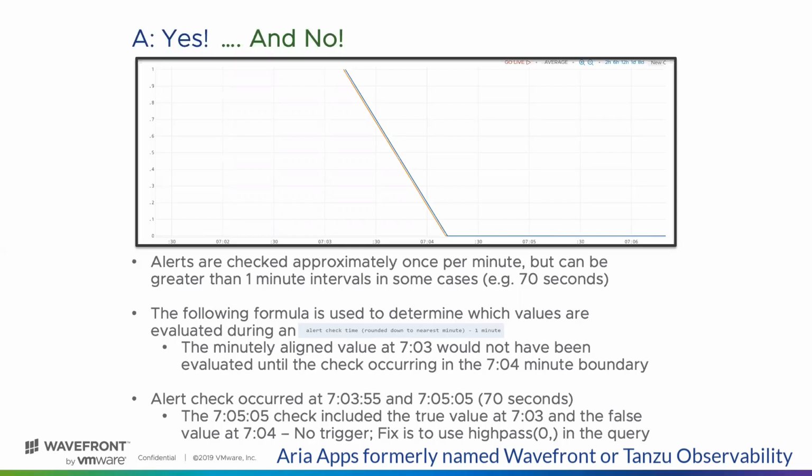Wavefront would then only be seeing the times when the error did occur, and it would not be seeing the times when the error did not occur. In this case, the only data point that existed would be this one value that happened within the 7:03 minute, and then the alert would have fired when it was checked at 7:05 and 5 seconds past.